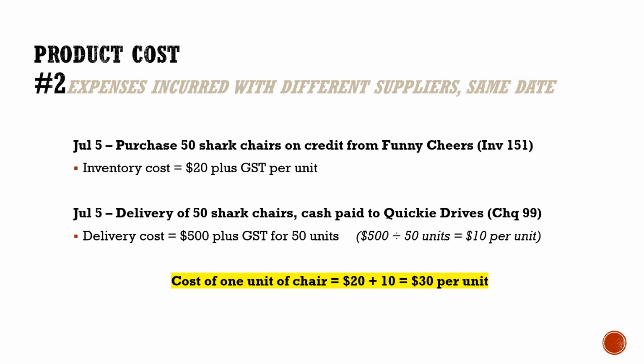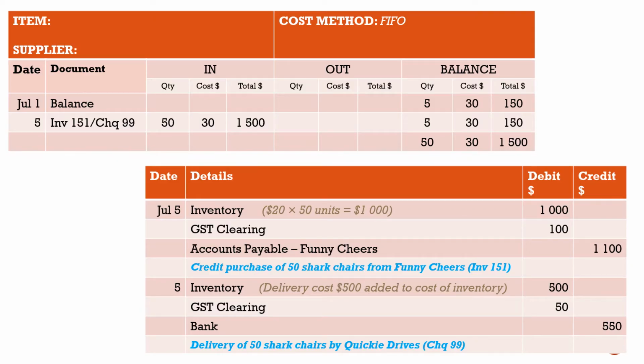We calculate the cost of 1 unit of chair the same way, which is to add the $20 inventory costs and the delivery cost of $10, giving us a total of $30 per unit. So here in the inventory card, we record the purchase of the inventory, which includes the delivery cost, and the total is 50 units at a cost price of $30 per unit, giving us a total of $1,500.